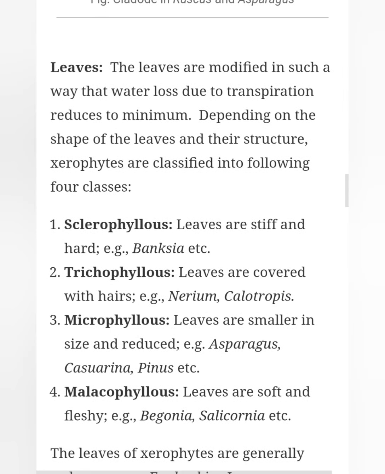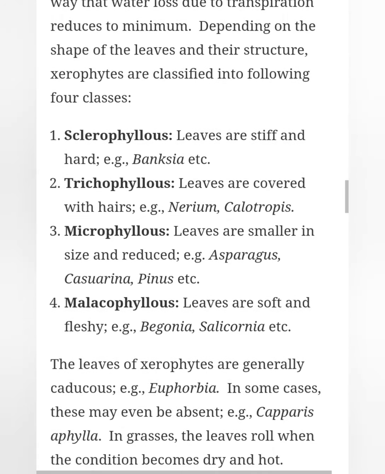The first is sclerophilous, where the leaves become stiff and hard. The second is trichophilous, where the leaves are covered with hairs. The microphilous, where the leaves are smaller in size and reduced. And the malacophilous, where the leaves are soft and fleshy. So depending on the shape of the leaves, xerophytes are classified into these four types.